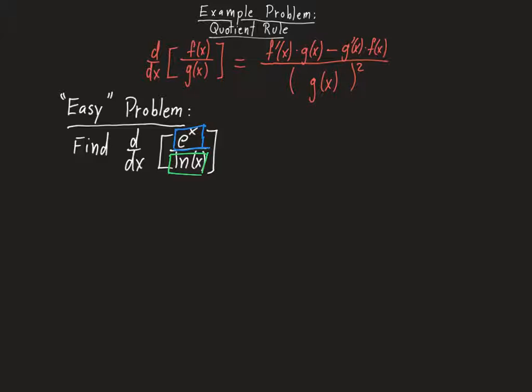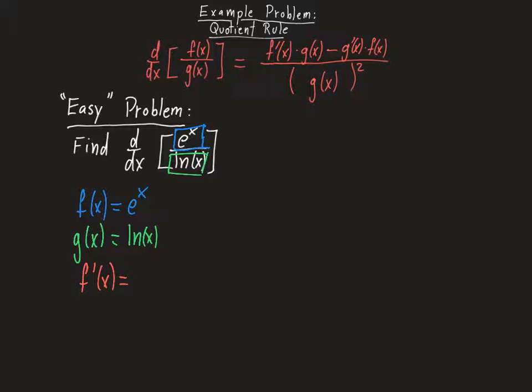And just like in the previous video, the very first thing that you should do is to write these down. So write down our function f of x is e to the x, and our function g of x in green is natural log of x. Right after having written these down, the next thing you should do is to also write down their derivatives.